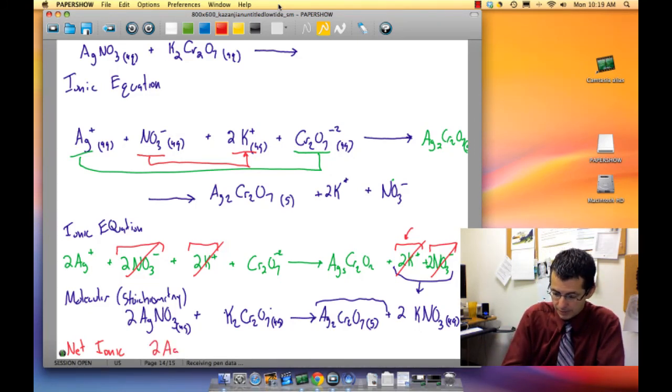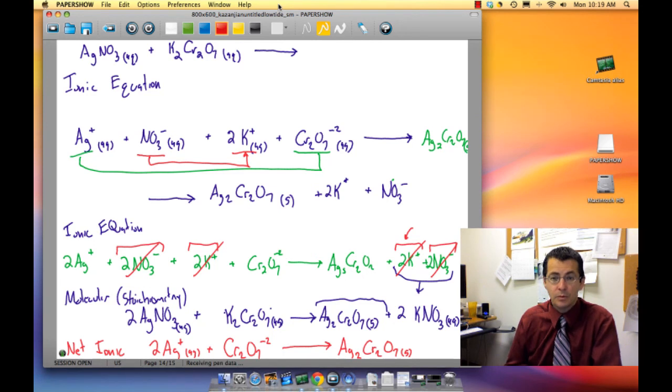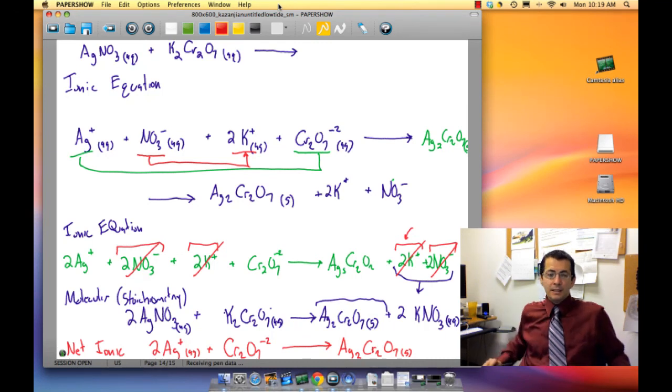2 silvers plus the dichromate give us this solid silver dichromate as a reactant. So the net ionic equation eliminates all the spectators. And it's also useful, it's generic.